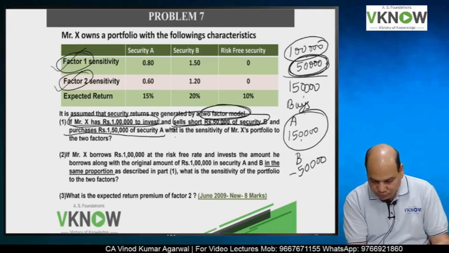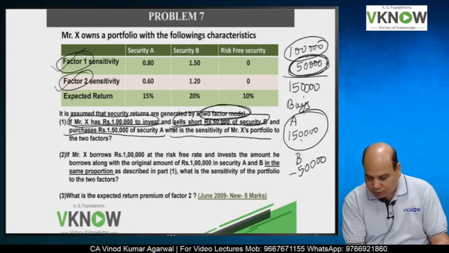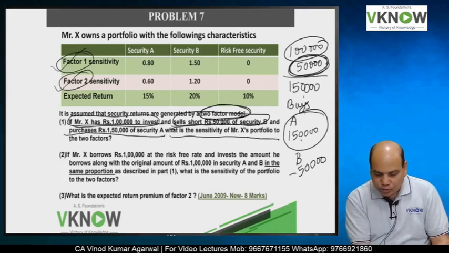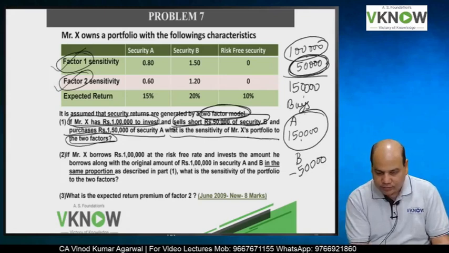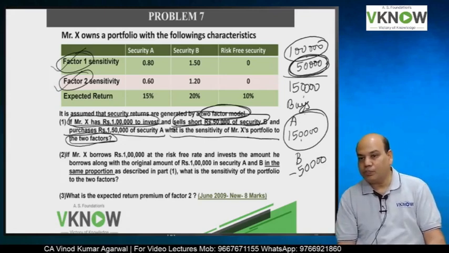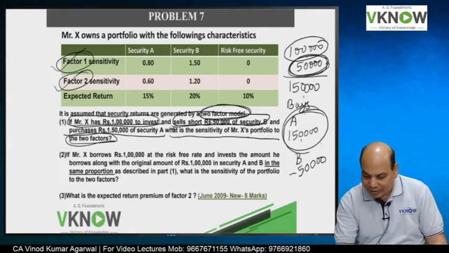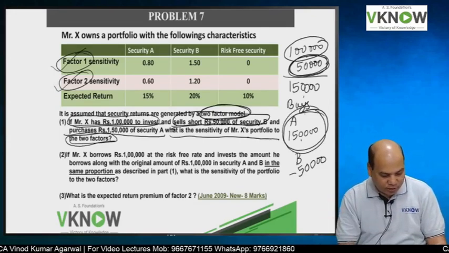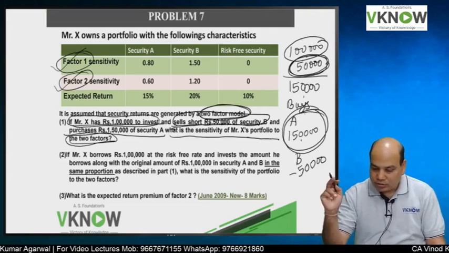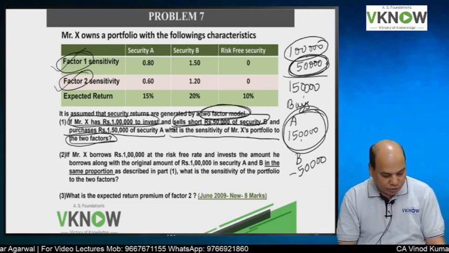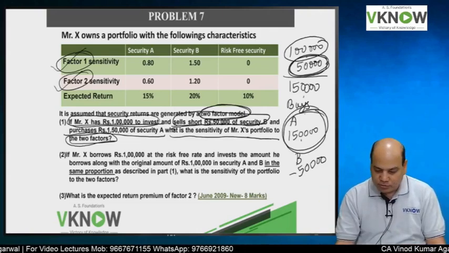Question is, what is the sensitivity of Mr. X portfolio to the two factors? So you have created a portfolio which has two stocks: stock A rupees 1,50,000, stock B minus 50,000.